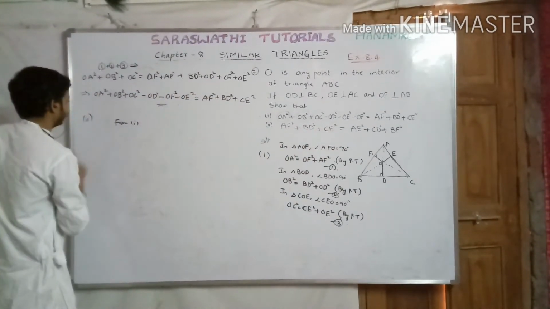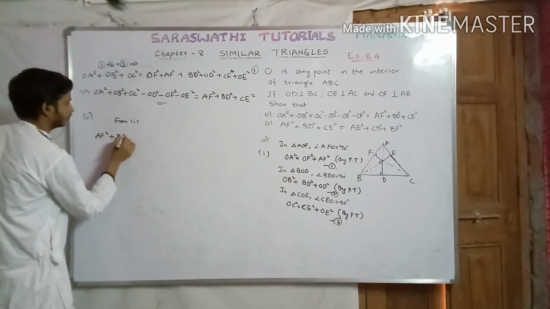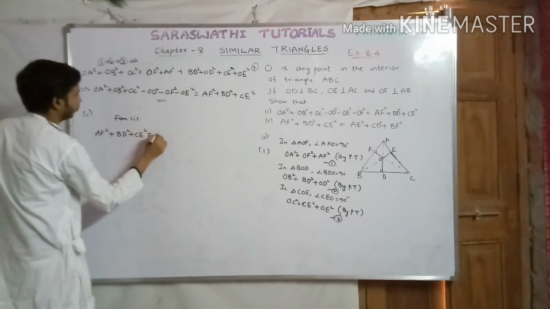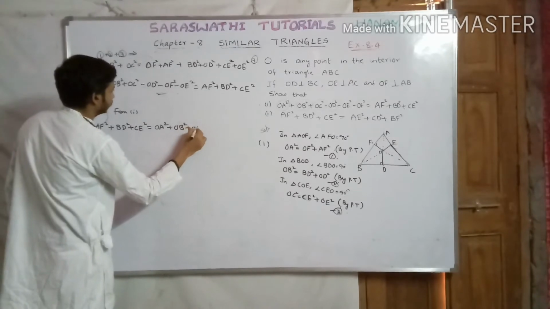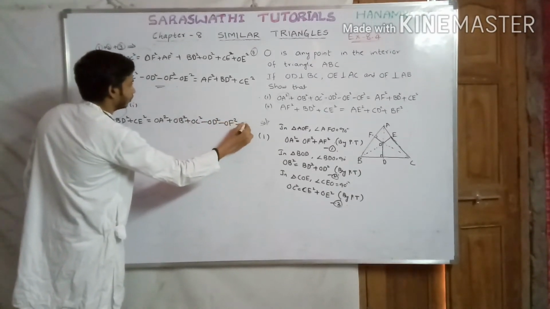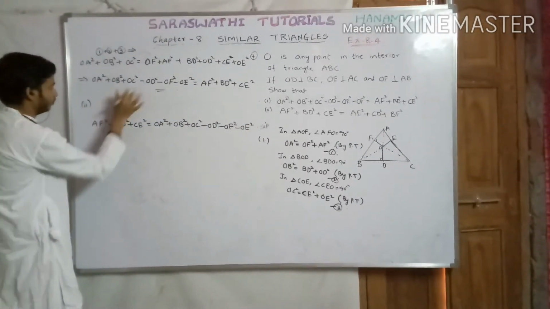From 1 we can write AF square plus BD square plus CE square equal to OA square plus OB square plus OC square minus OD square minus OF square minus OE square.